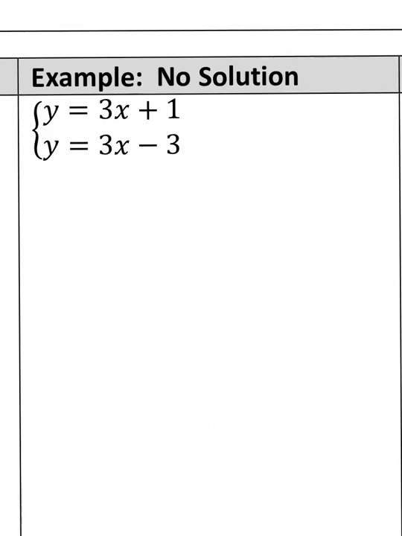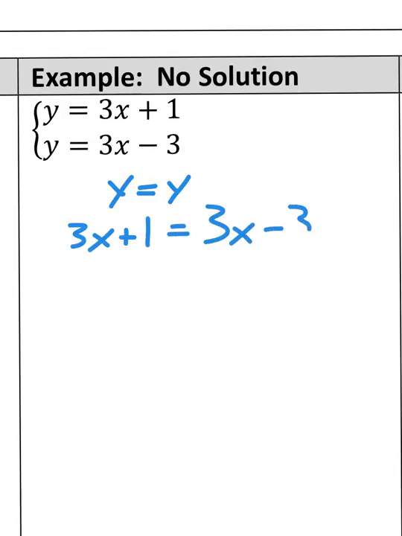Okay, our next example is going to give me no solution. So I have y equals 3x plus 1 and y equals 3x minus 3. Since these are both in slope-intercept form, I can start with that y equals y, which means that 3x plus 1 is equal to 3x minus 3. Now I'm going to get all my variables on one side of the equation and constants on the other.